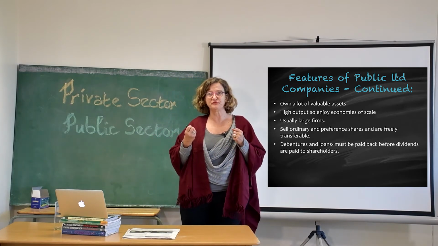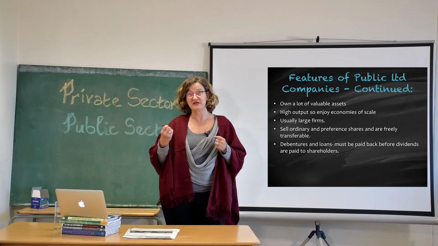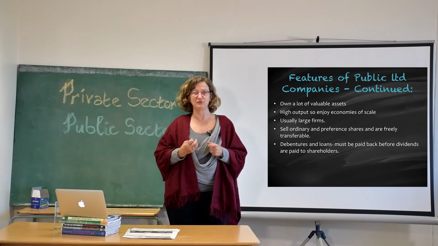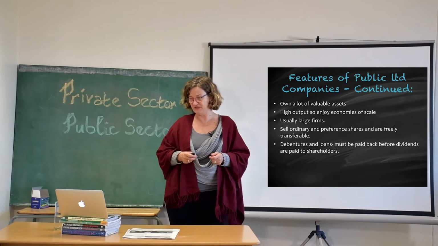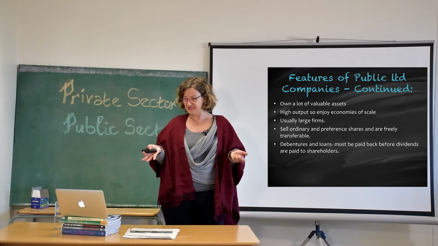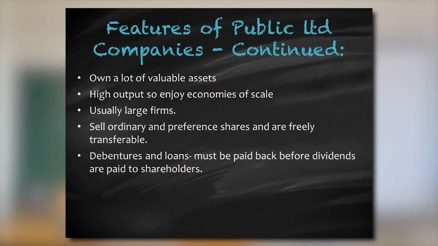It is just to bring down the average cost if the output increases. But we will explain exactly what it is in another lesson. They are usually large firms, and as I said, because of that, they usually employ a lot of workers.